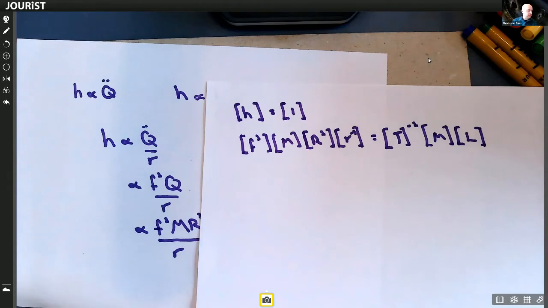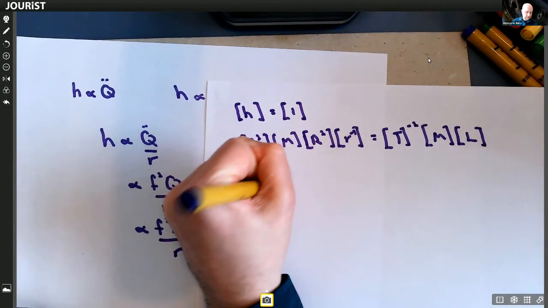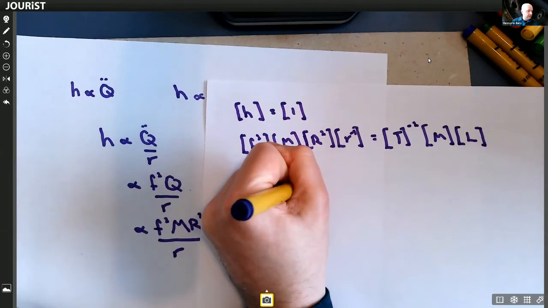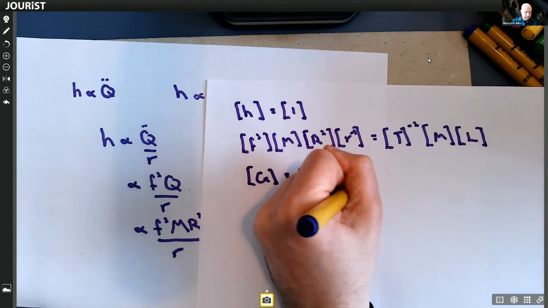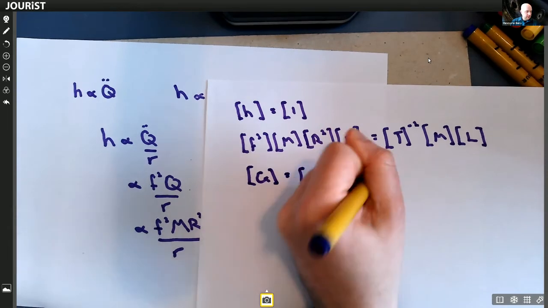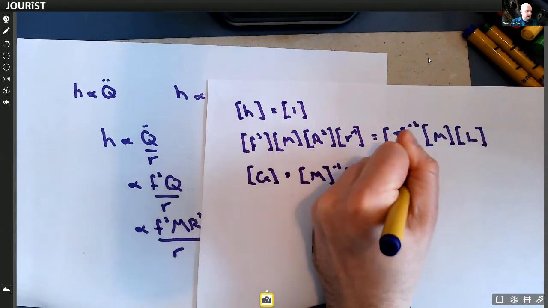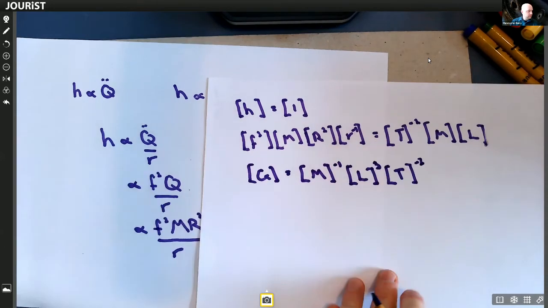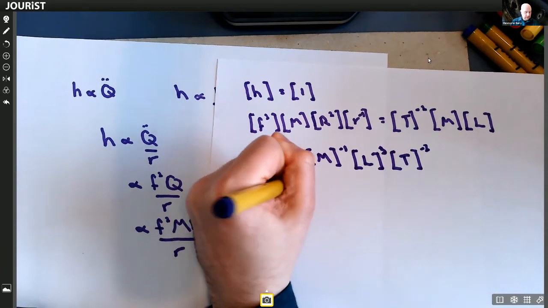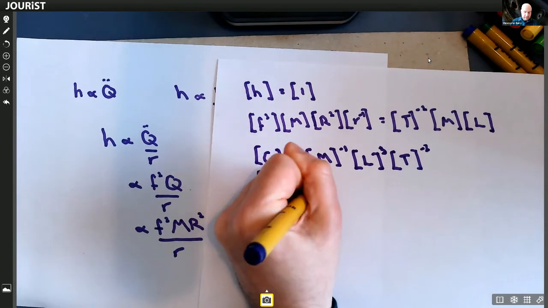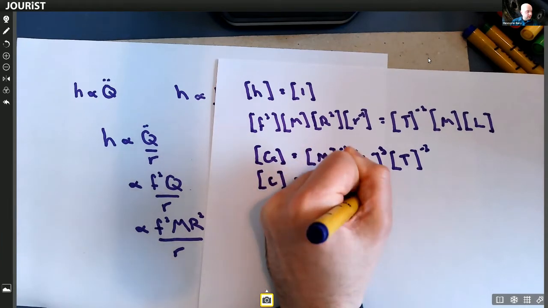So, reminder, dimensions of G are per kilogram, so mass to the -1, length cubed, and then time to the -2, and c, our other constant that we want to put in there, is going to be something like length per unit time, because it's a speed.